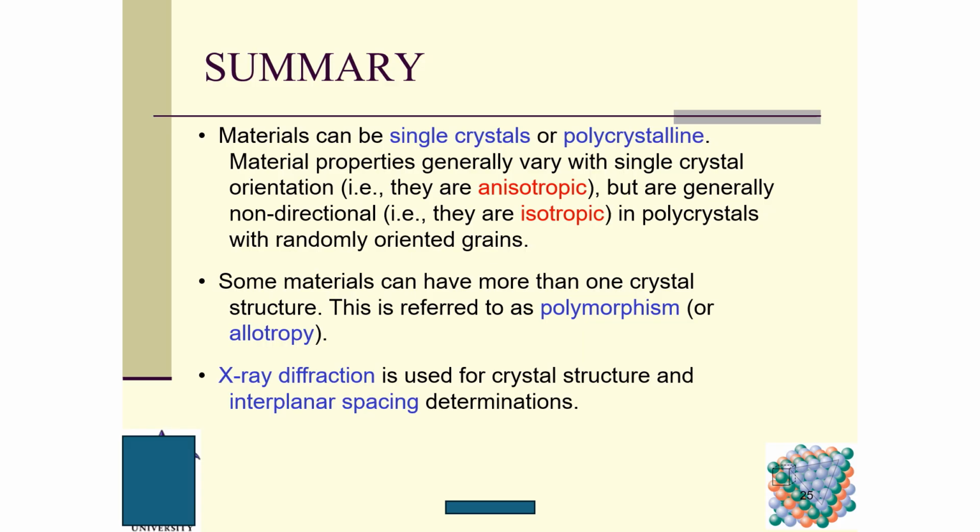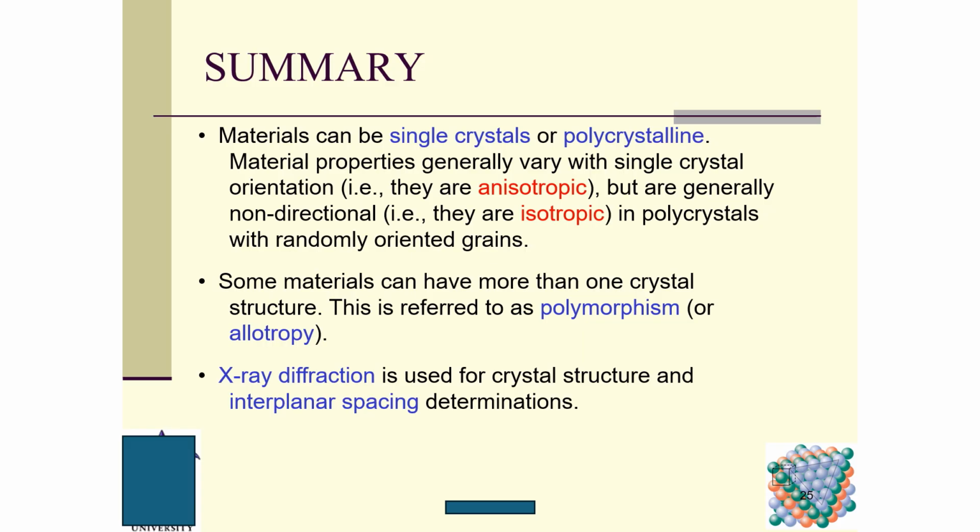So some materials can have more than one crystal structure, and I told you guys this is referred to as polymorphism or allotropy. Examples are iron, where we have alpha iron, beta iron, gamma iron, also alpha titanium, beta titanium, and for carbon we have diamond, graphite, and I'm also going to talk about fullerene, which is a soccer ball made of 60 carbon atoms.